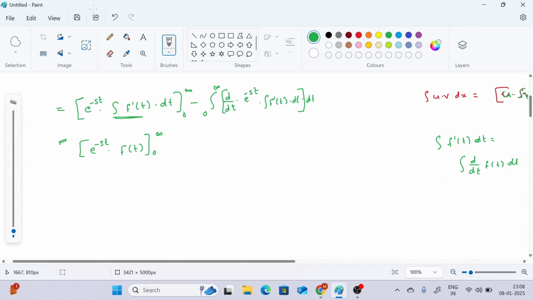So the integration and derivative will get cancelled and we will get only the term f of t, then minus integration 0 to infinity.